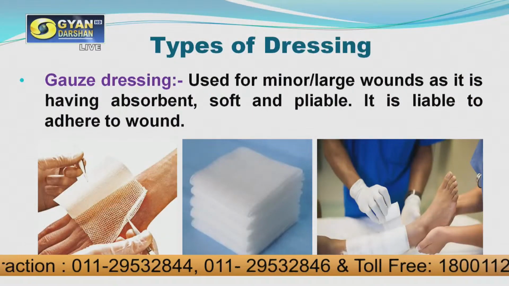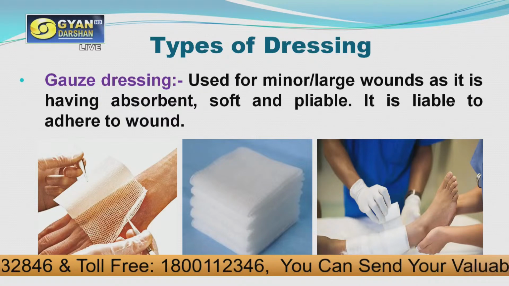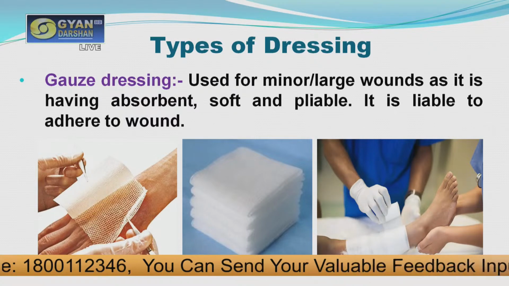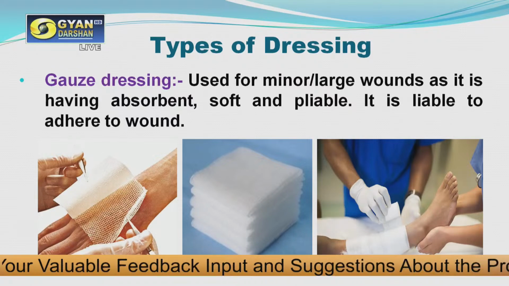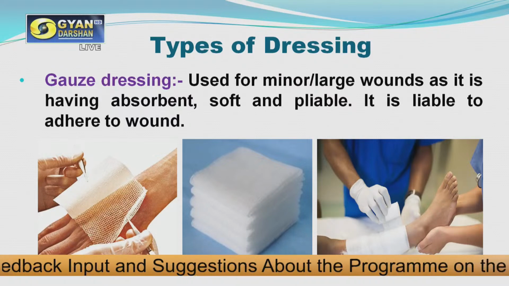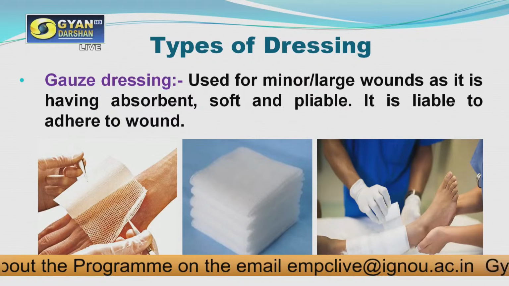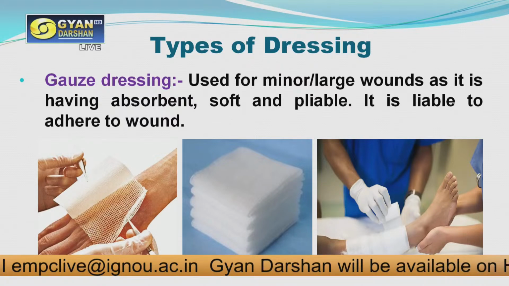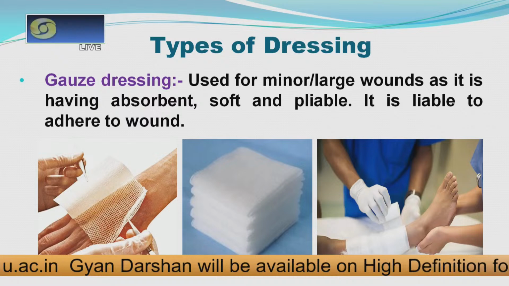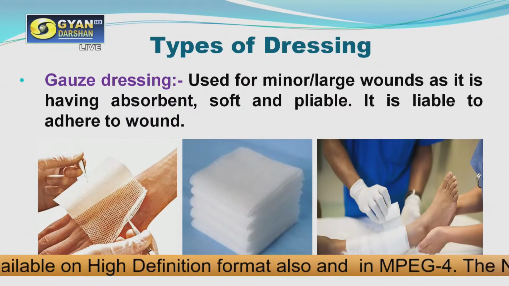Then the other is the gauze dressing. You must have seen it, because you are working in the hospital. In the market, medicated sterile gauzes are available, having medication on them. These are used for minor cuts or large wounds also, and they are absorbent. They are soft and very pliable, so they are liable to adhere to the wound.